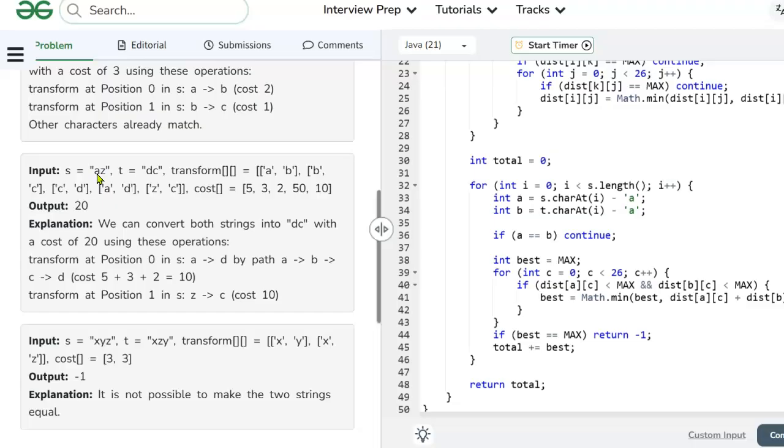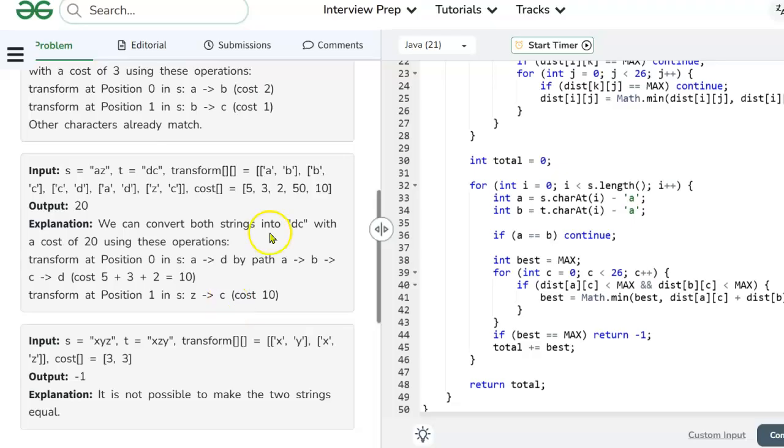So Dijkstra is single source. It'll give you the shortest path from some source vertex to every other vertex. Floyd Warshall will give you the shortest path from any vertex to any other vertex.